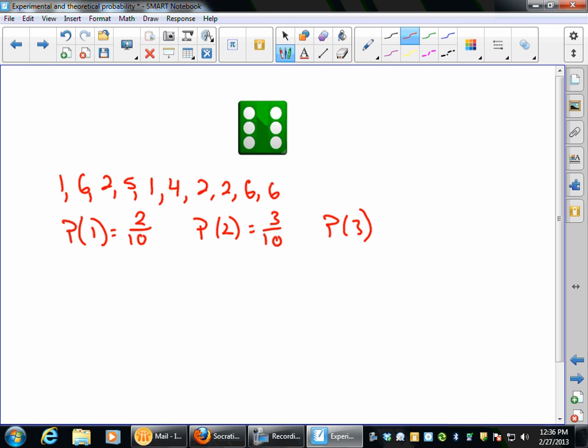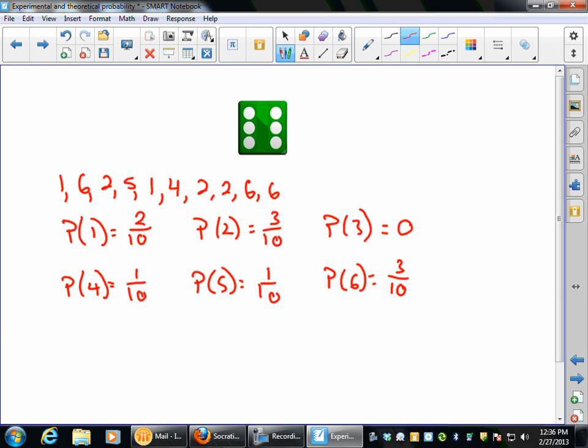Probability of getting a 3, I never got a single 3, so that is 0. Probability of getting a 4 was just 1 out of 10. The probability of getting a 5 was also just 1 out of 10. And the probability of getting a 6 was 3 out of 10.